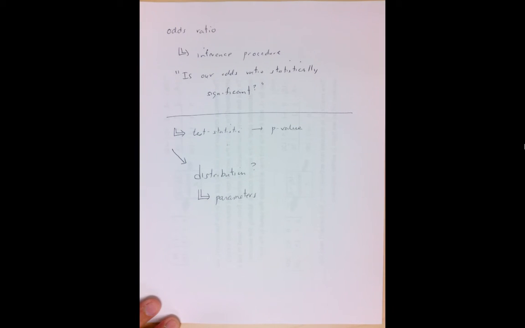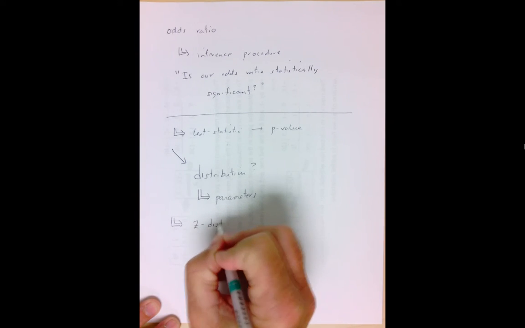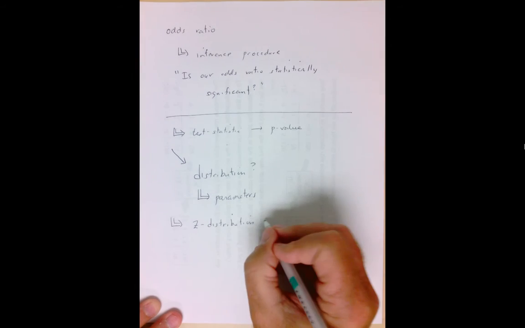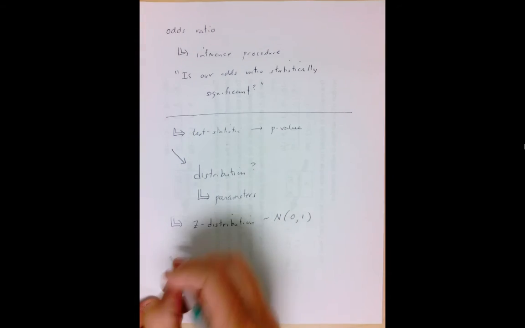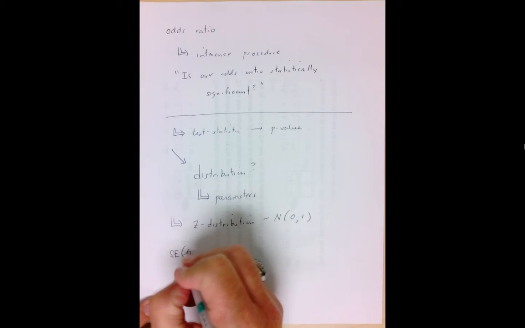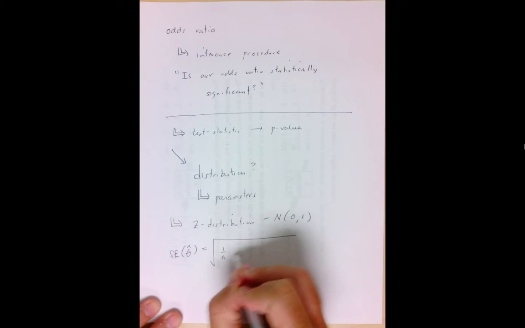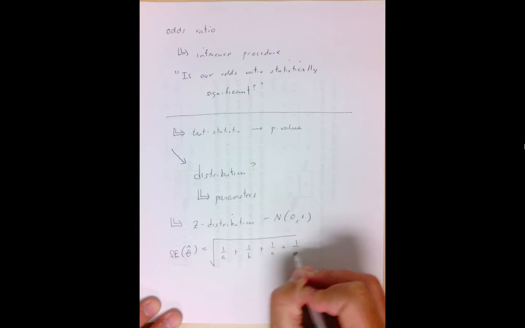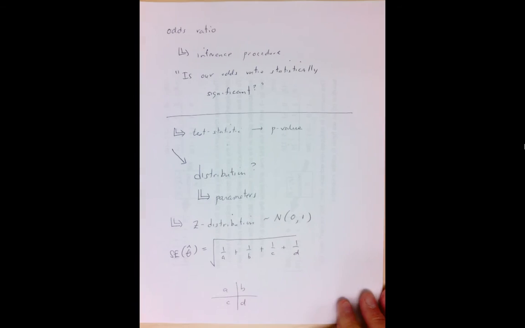What's the center? Well, it turns out in this situation, we model this with a z distribution, which is a normal distribution, mean 0, standard deviation 1, and the standard error of this odds ratio is just the square root of 1 over a plus 1 over b plus 1 over c plus 1 over d, where a, b, c, and d are just the cell counts of our 2 by 2 table.